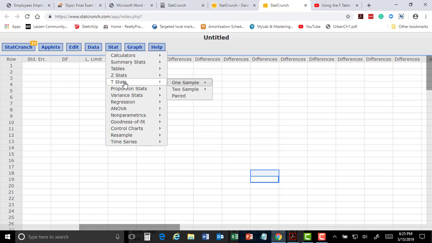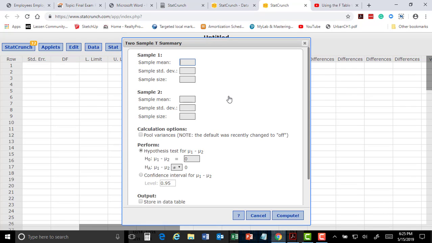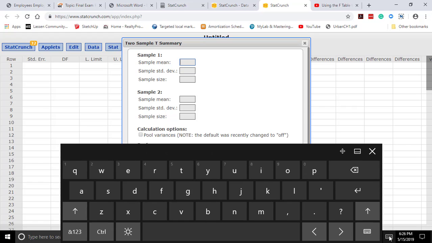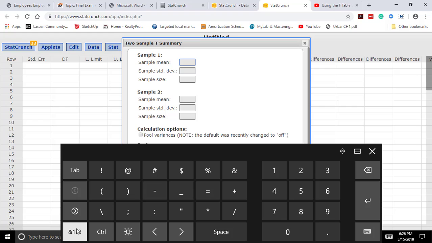Okay, so it's 2 sample with summary. So I have this information. What is the mean? The first one is 71.5. Yes. Okay, and the sample deviation 3.4 and the sample size 11.